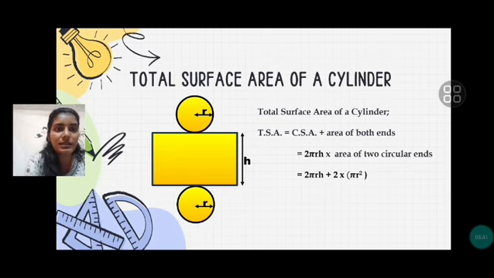The formula for the area of a circle is pi r square, so 2 into pi r square. Now in these two terms, 2 pi r h and 2 pi r square, we have 2 pi r common, right? So we take 2 pi r in common. Then we have h plus r, the remaining part. So we can write the equation in its simplest form as 2 pi r into h plus r square units. Okay, so the total surface area of a cylinder is 2 pi r into h plus r square units. Now let's see how to do some problems.